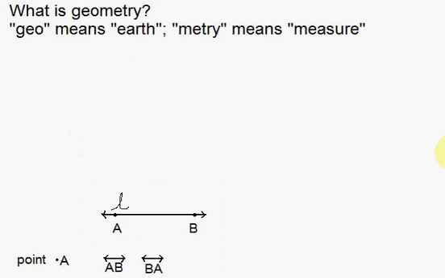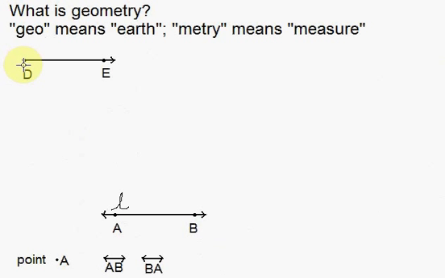The next thing we're going to talk about is called a ray. A ray is different from a line in that it has an endpoint. This point right here is called an endpoint, and it goes infinitely in one direction. A ray can go this way or a ray can go this way.